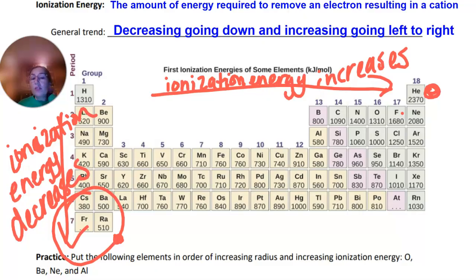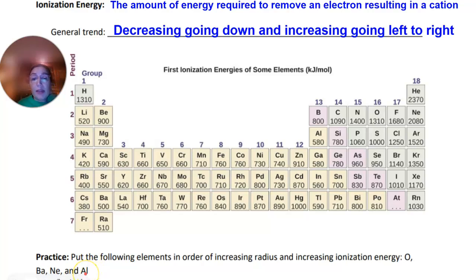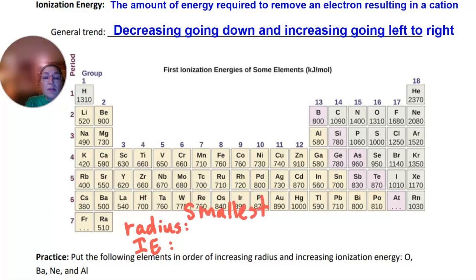Okay, so the practice says, maybe we should clean this up a little bit. Put the following elements in order of increasing radius and increasing ionization energy. I'm going to actually do it up here. We're going to do radius and we're going to do ionization energy of these elements. It says increasing, so we're going to go smallest first to biggest.